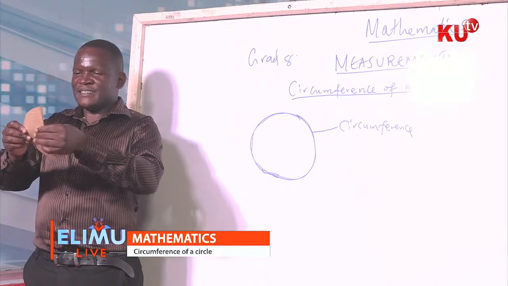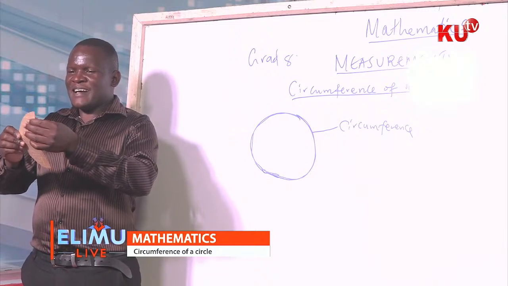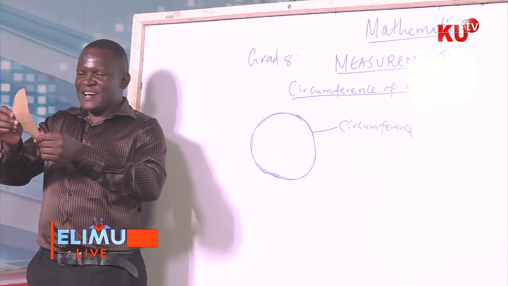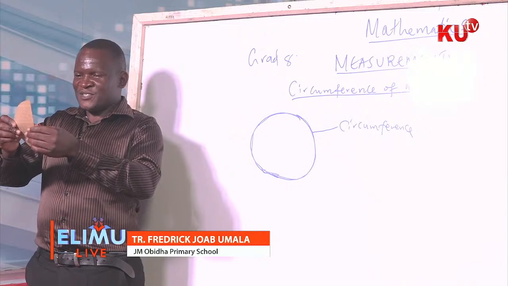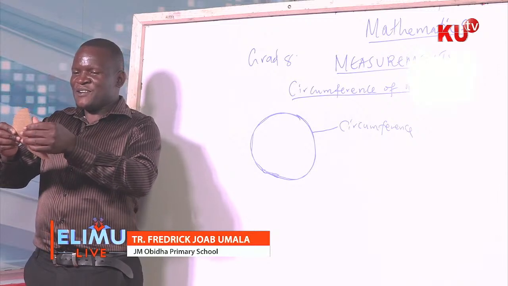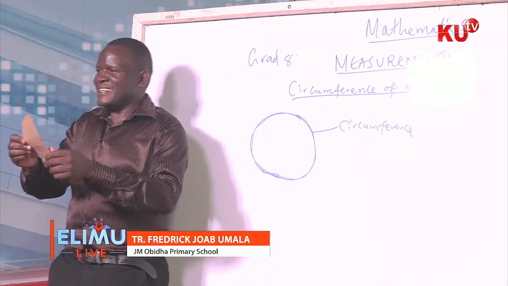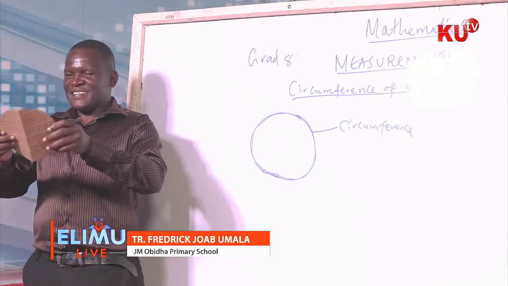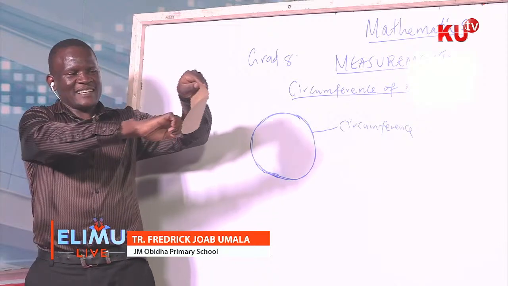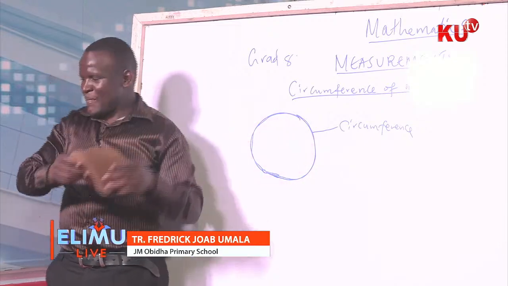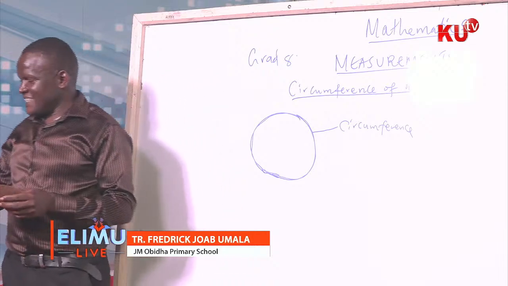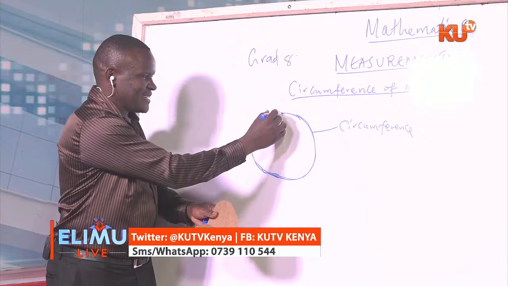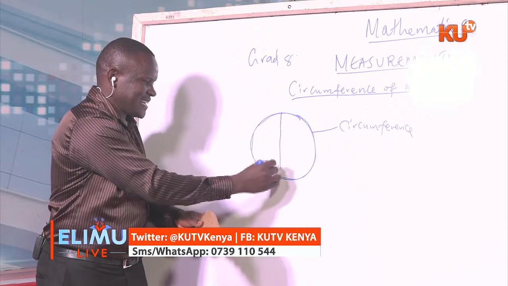I'm folding the circular paper into two equal parts, and underline the word equal parts, so that the line in the middle passes directly at the center. So they have folded. The line passing at the center is known as the diameter. So there will be a line that will be passing directly at the center.